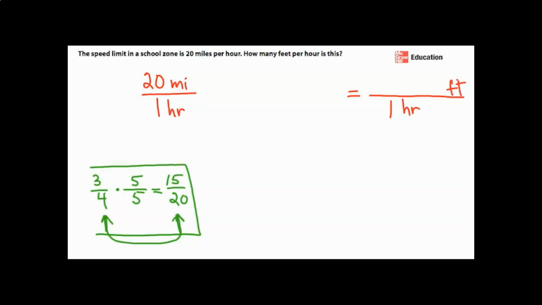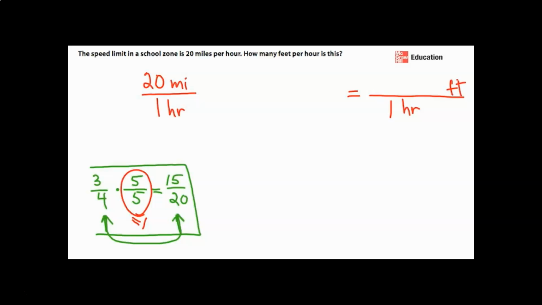So whenever you multiply a fraction by a number or a fraction like 5 over 5 that's equivalent to 1, you're going to change the way a fraction looks, but you're not going to change its actual size.